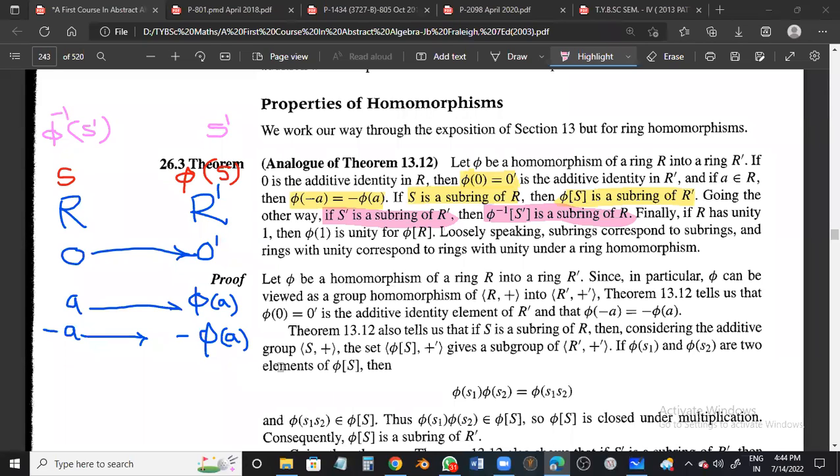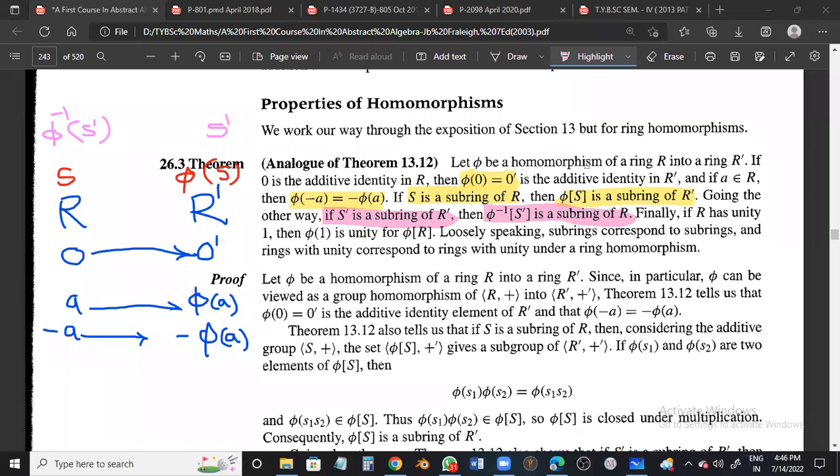Okay, I would like to once again rewind it. Okay, so once again, let us come to the point. Say you have phi as your homomorphism.